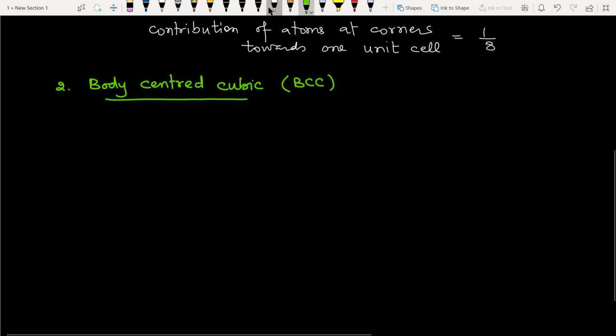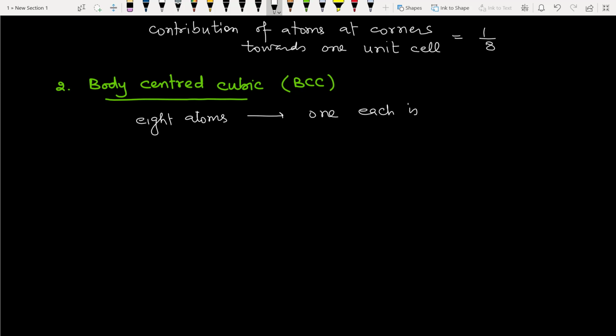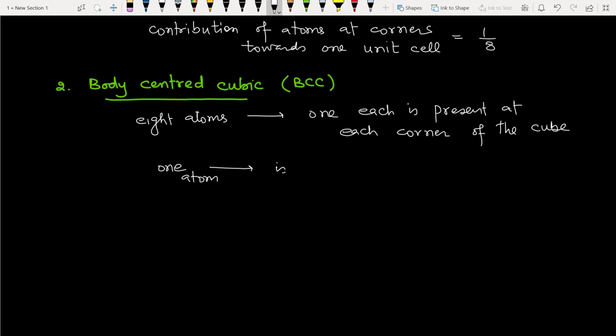Here 8 atoms, one each, are present at each corner of the cube, and one atom is present at the center of the cube.